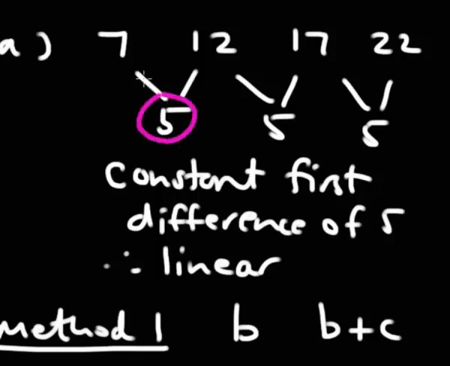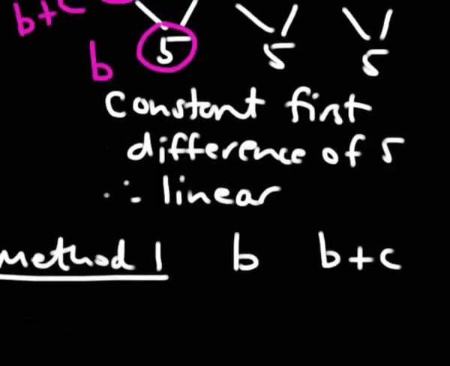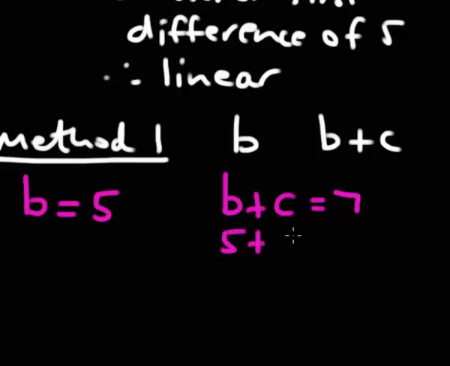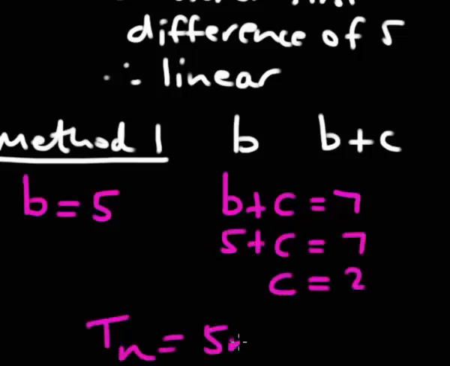We'll circle those two, and that would be B and B plus C. Grade 10. So what did we do? We said B is equal to 5, B plus C is 7. But we know that B is equal to 5, so 5 plus C is 7, so C is equal to 2, so the nth term is Bn plus C, and there we have it.